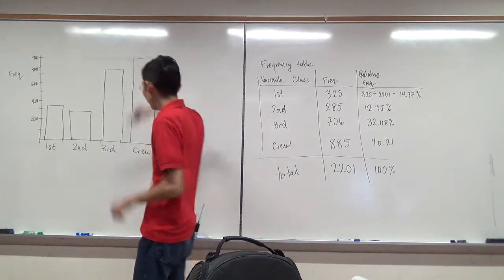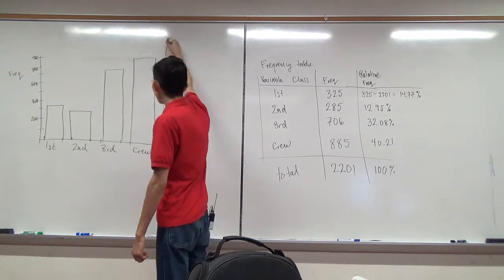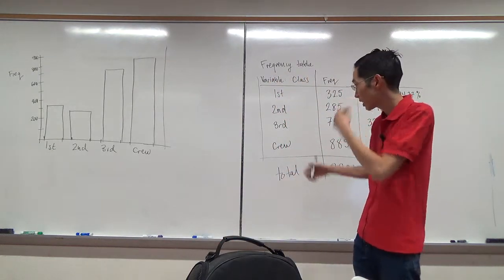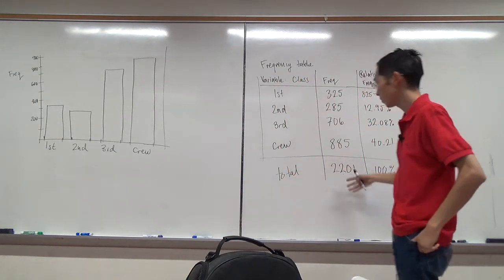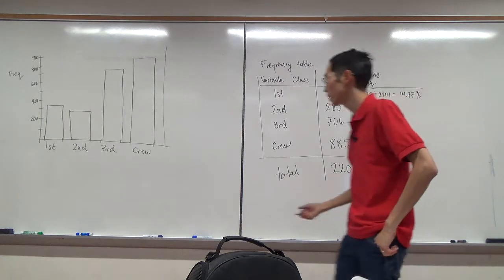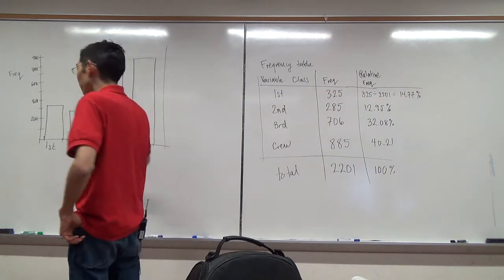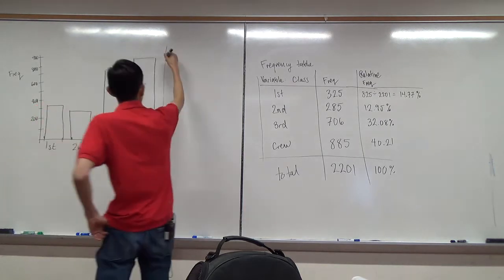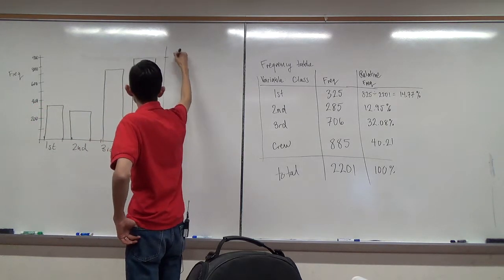And so I could just create another scale over here that says legs or whatever, and in that same essence, I could take every single one of those numbers and divide by 2,201, and over here I would have bars exactly the same height, and it's just that now I would have percentages over here.